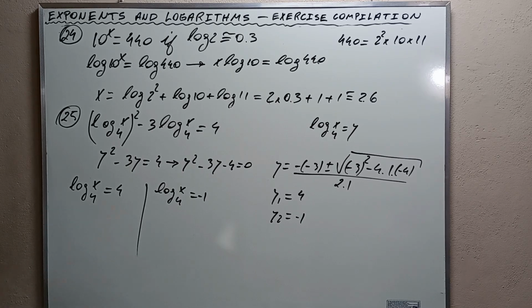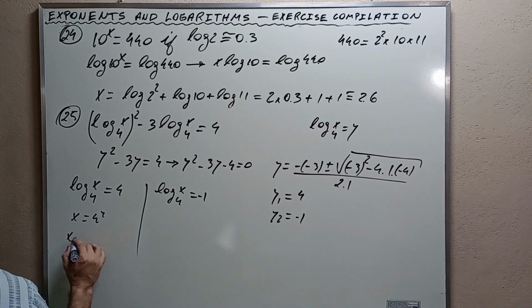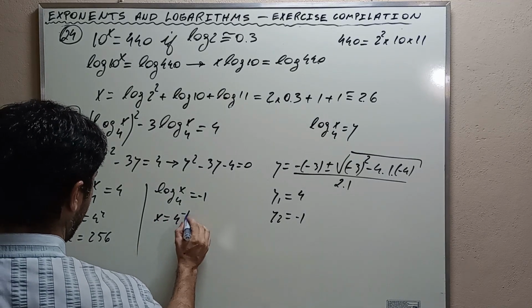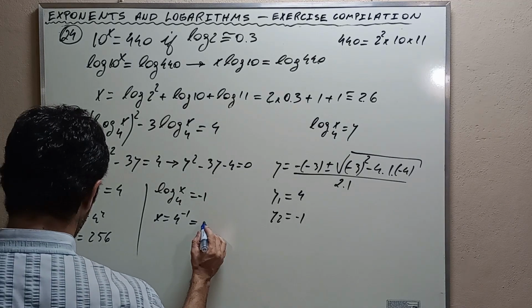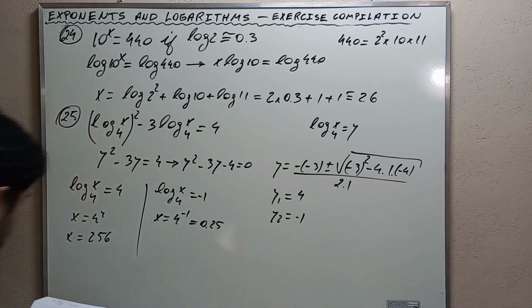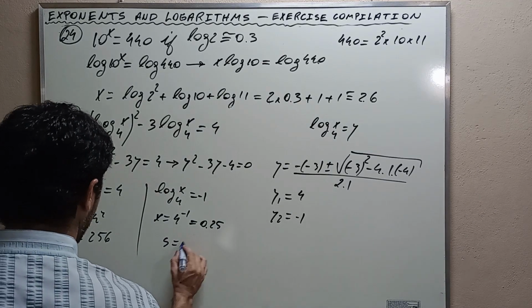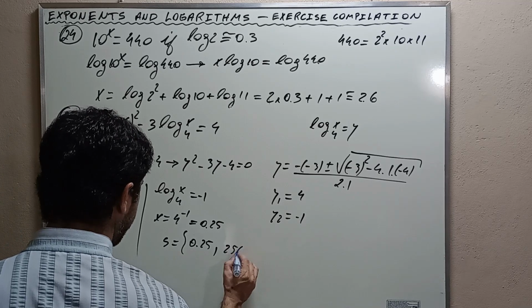Here, 4 to the 4th is equal to x, where x is equal to 256. And here, x is equal to 4 raised to the power of negative 1, or 4 to the negative 1, which is equal to 0.25. Then the solution set of this equation here is equal to 0.25 and 256.